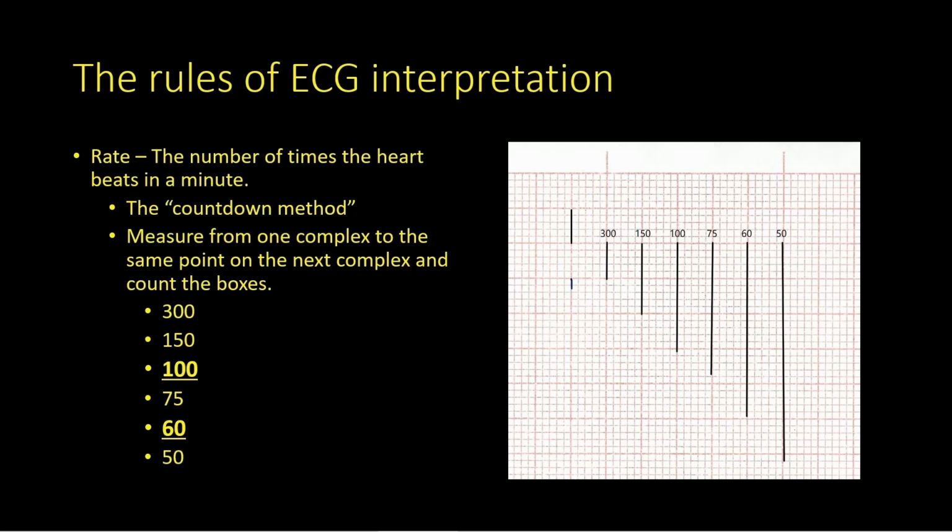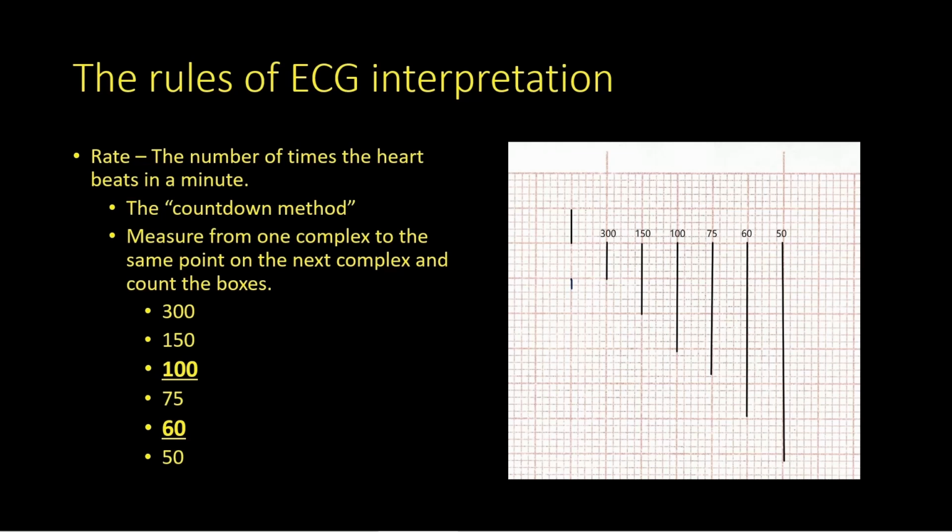If the first R wave starts out and the last one is all the way out here, that would be 60 beats per minute. If the first R wave is back at the beginning here and the next one is here, that's 50 beats per minute. If it's past this, we know it's under 50 beats a minute.